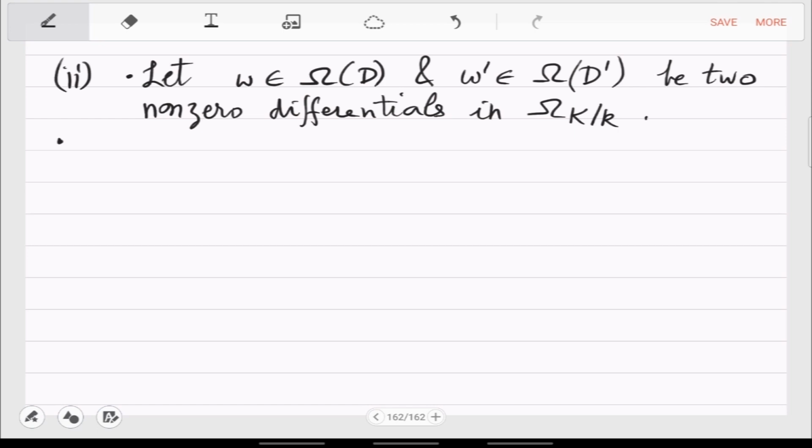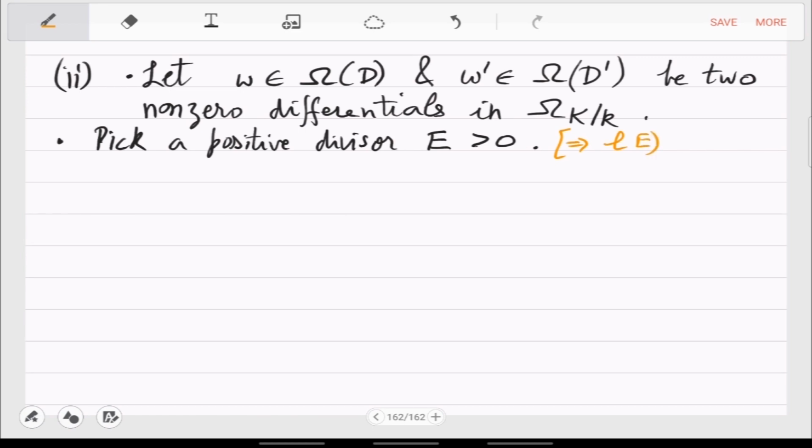So what we will do is, let's pick a positive divisor E. The thing with positive divisors is that L_E is... what is the L dimension of a positive divisor?